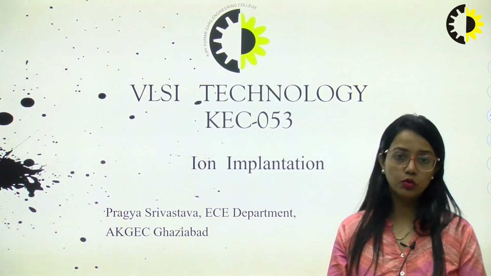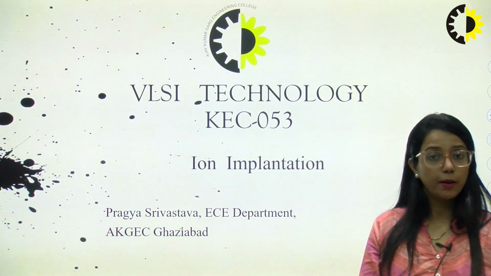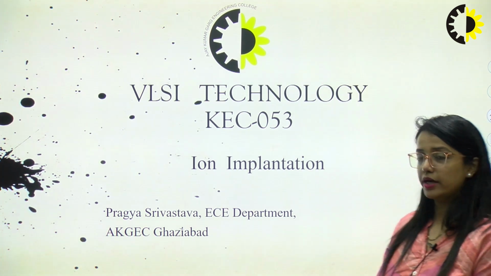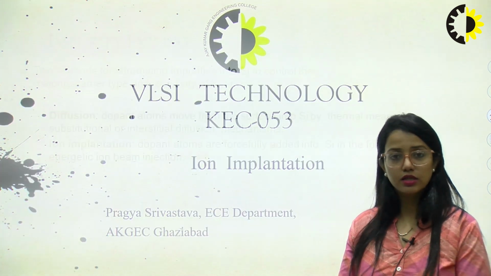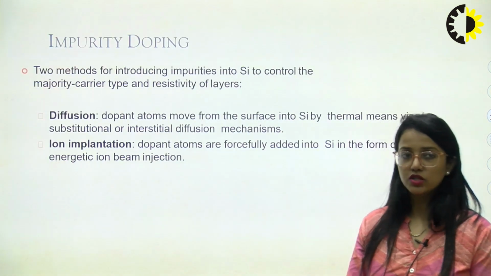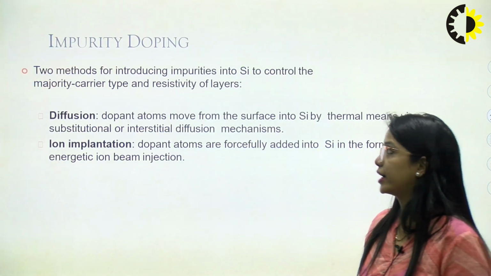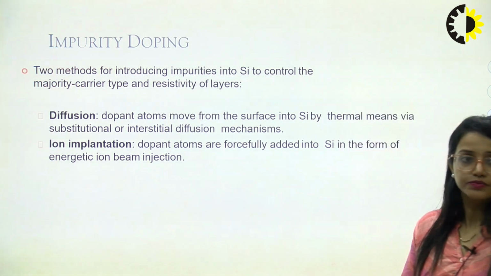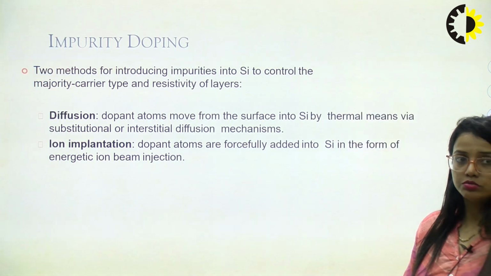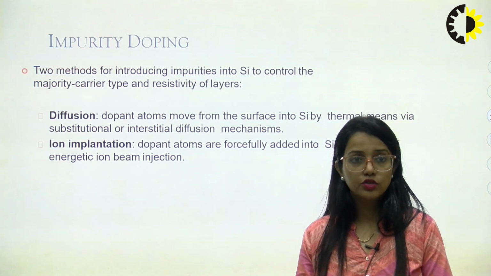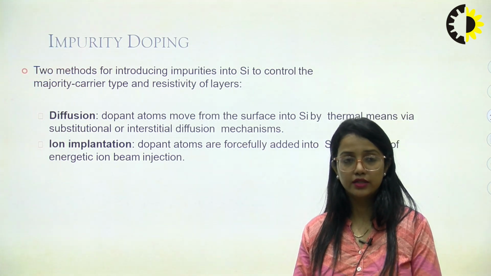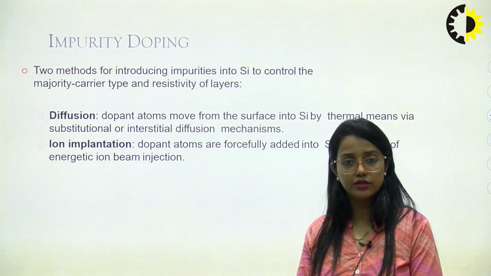When we talk about both the methods, we have some comparison between diffusion and ion implantation. We will study everything in this lecture. So when we are thinking of impurity doping, there are two methods of introducing impurities to silicon to control the majority carrier type and the resistivity of layers.